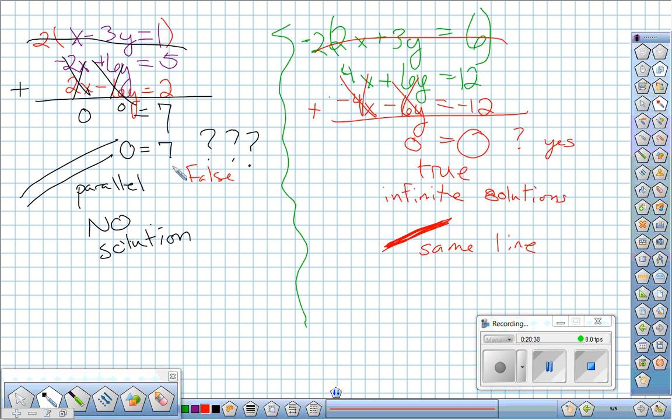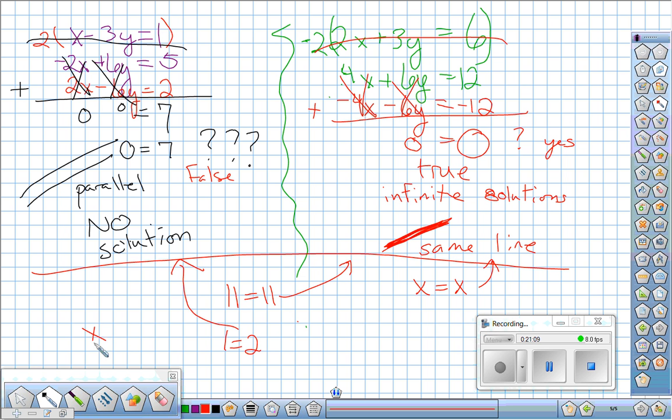So just think: if it's true, I have infinite solutions. If it's false, I have none. And it doesn't have to be 0. For example, if I got 11 equals 11, I would have infinite solutions. If I had 1 equals 2, I would have no solutions. If you got x equals x, I would have an infinite amount of solutions.